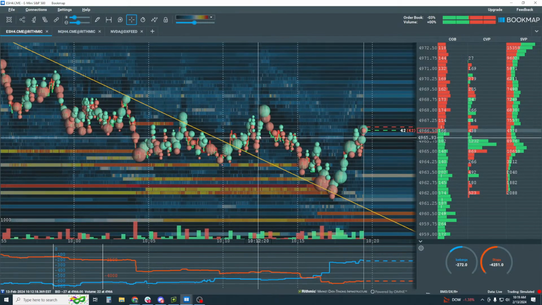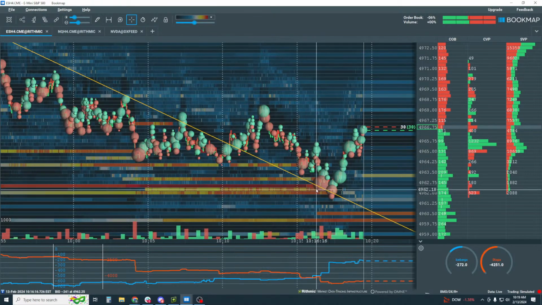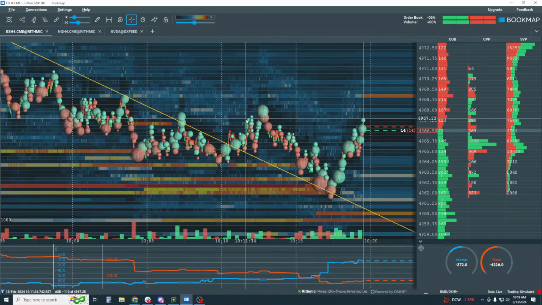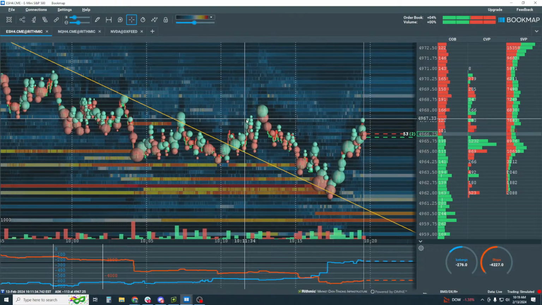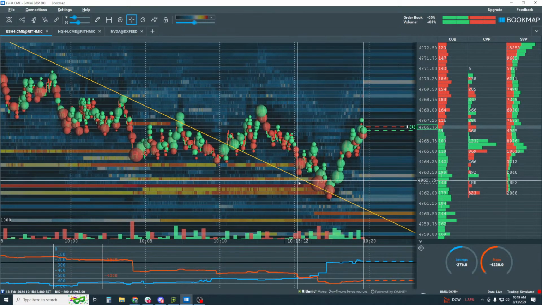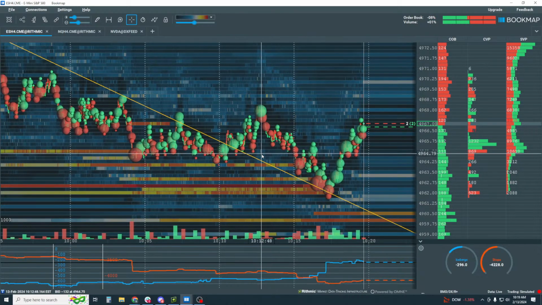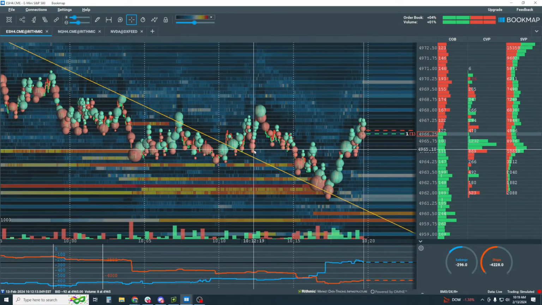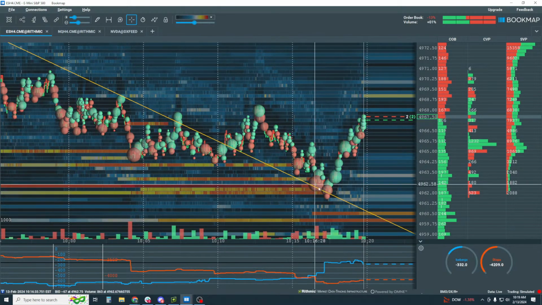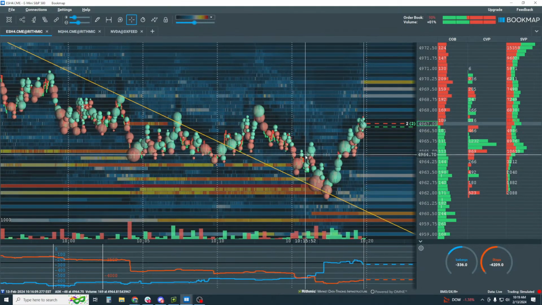Took a few small losses in here, got our winner, and took some profit, and then held the rest for a bigger move. So how would our account look at the end of this? We'd probably be at a small loss, maybe around break even.